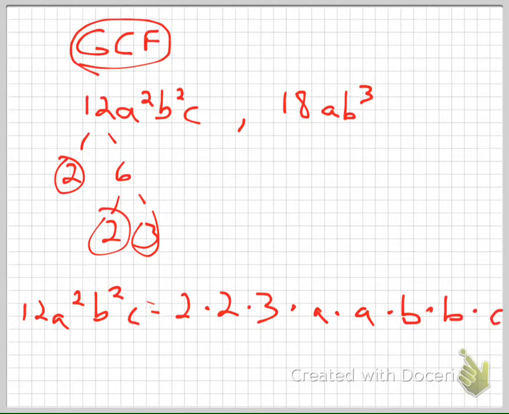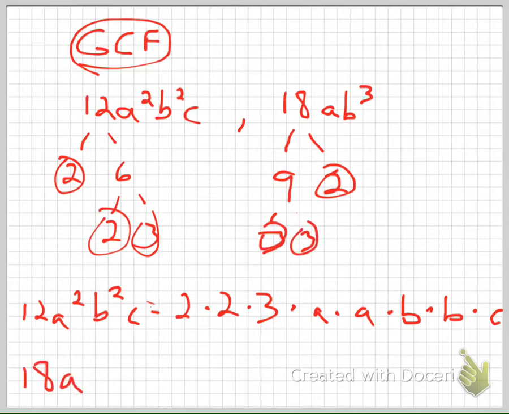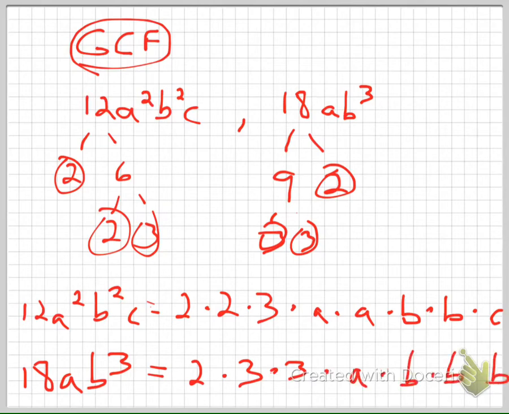C. Okay, the prime factors of 18 is 9 and 2. That's prime, and then 3 and 3. So 18ab to the third is 2 times 3 times 3 times A times B times B times B. Okay, this is the long way.